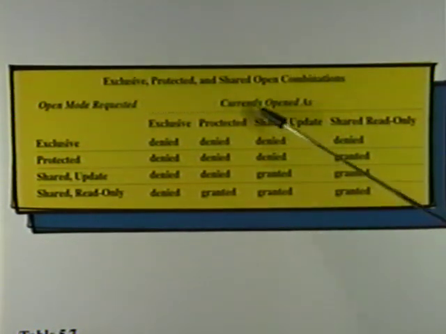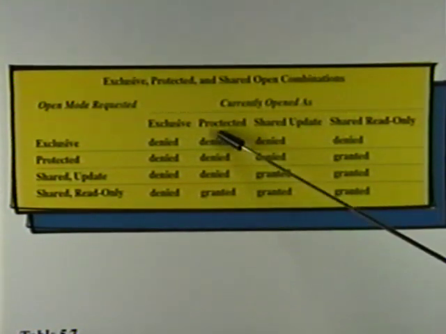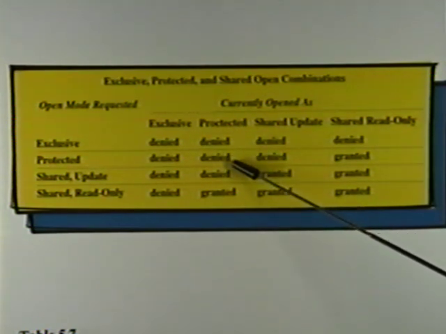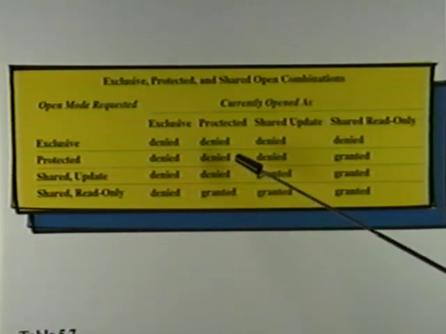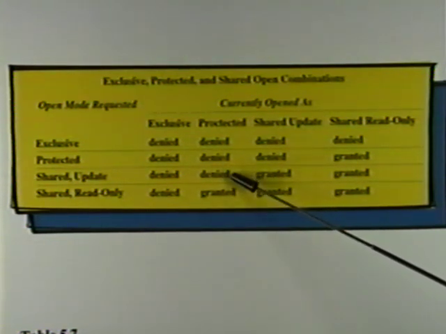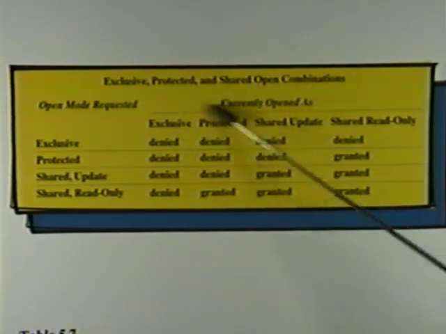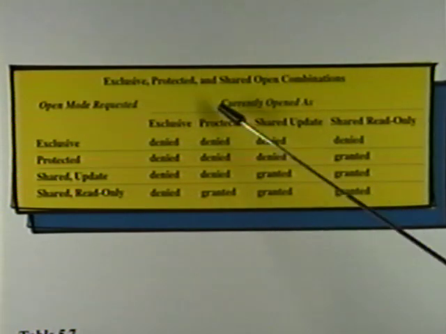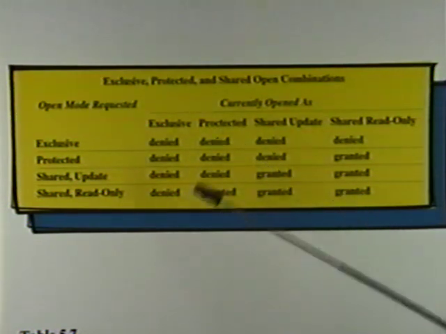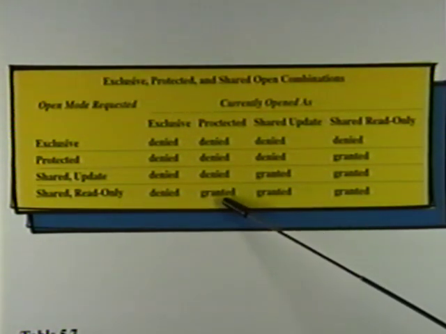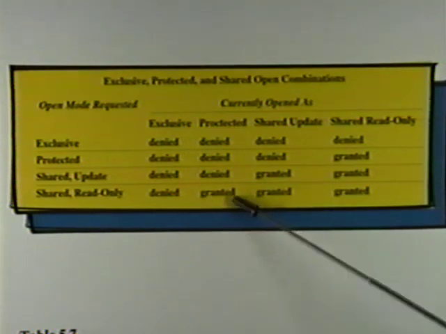Now if the file is currently opened as protected, then can we open it as exclusive? No. Protected? No, because it's already open. We can't even do a shared open update because it's already opened in protected mode, and therefore only one person can update the file. But if somebody else wants to read the file, then that's okay.